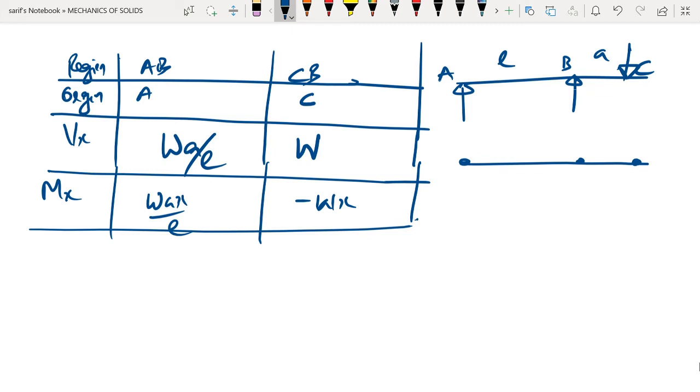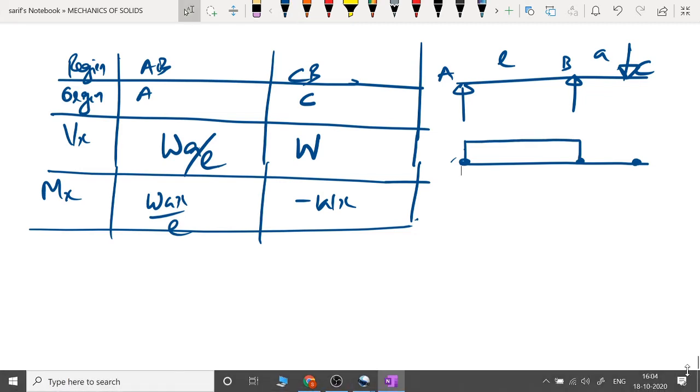As W, a and L are constants, in the region AB the shear force is a constant value Wa by L, which is positive.